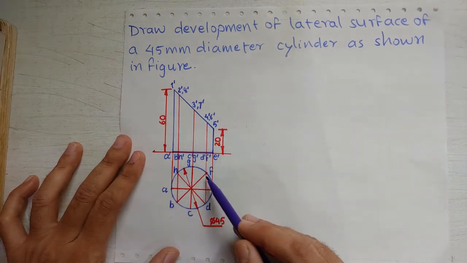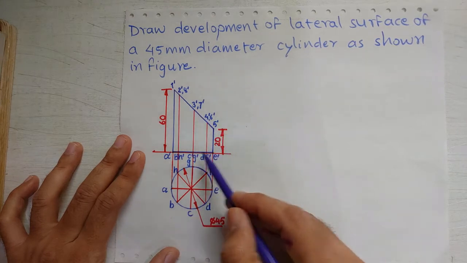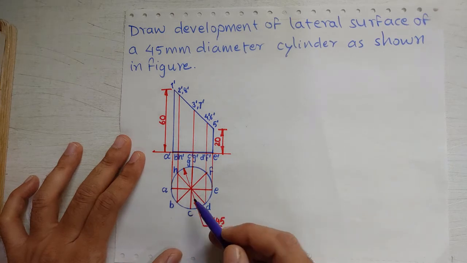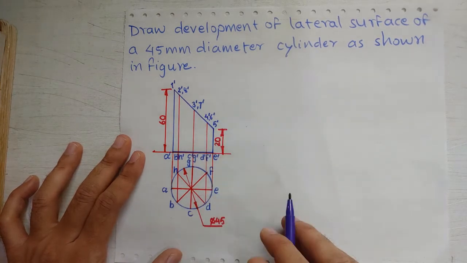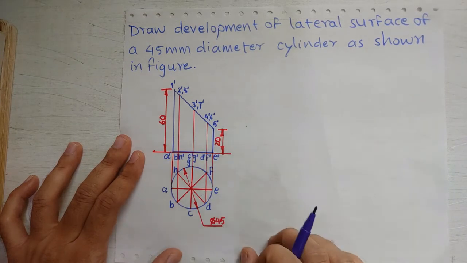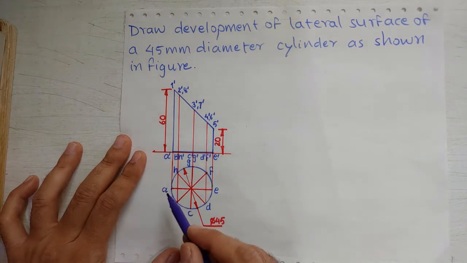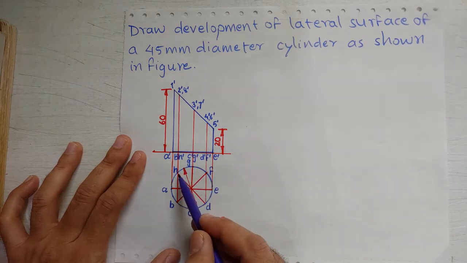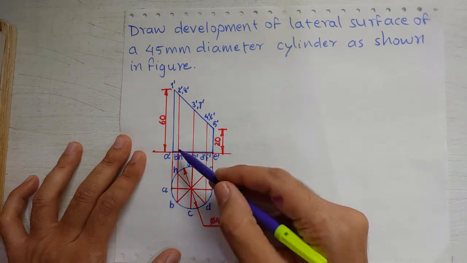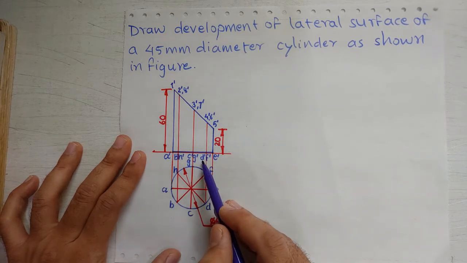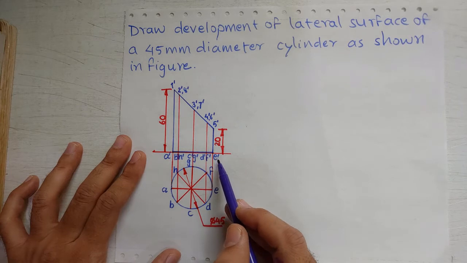Here I have already drawn the top view and front view as per the given data, and I have also divided the circle into 8 parts so that we can have generators, and we are going to use these generators only to develop the surface. I have given the notations as A, B, C, D, E, F, G, H, and if I take projections of all these generators, it gives me A prime, B prime, H prime, C prime, G prime, D prime, F prime and E prime.